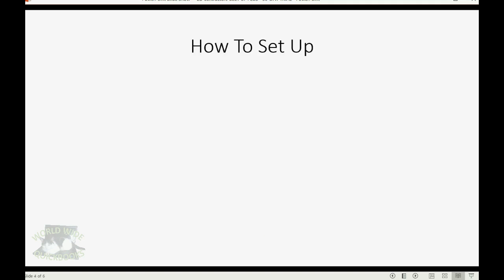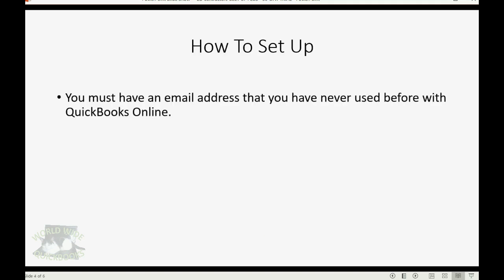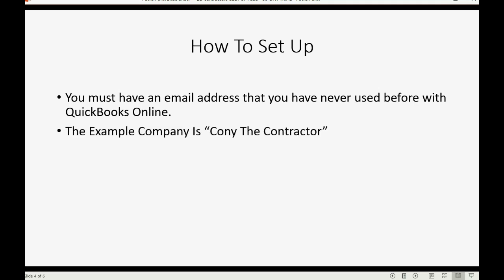So how do we set up for the Plus version? Well, first you must have an email address that you have never used before with any QuickBooks Online product. And the example company name that you will type in is Connie the Contractor.